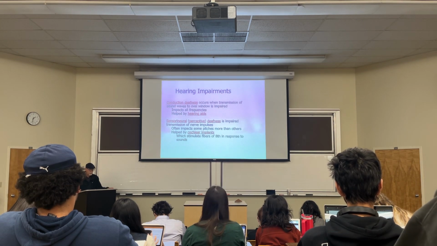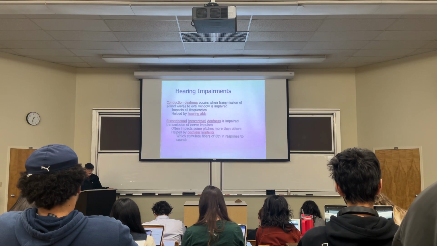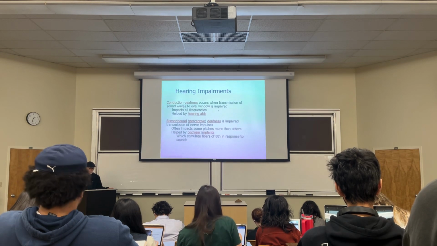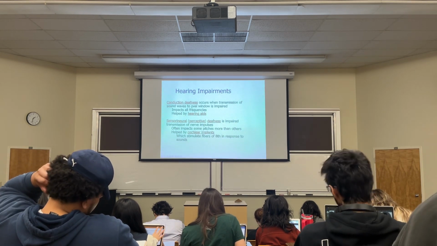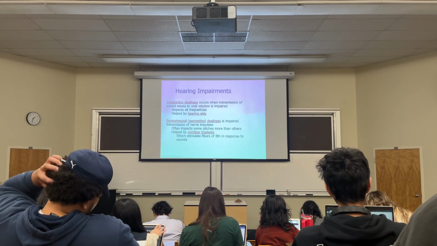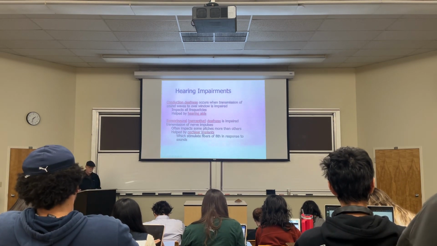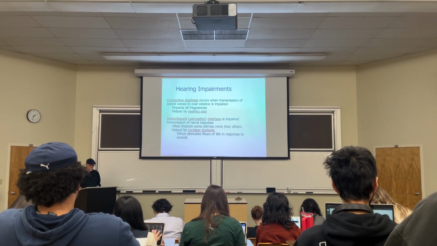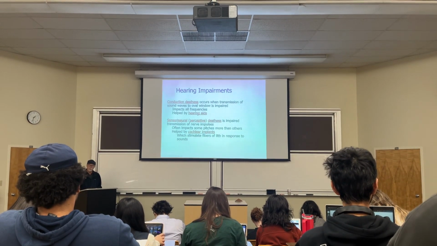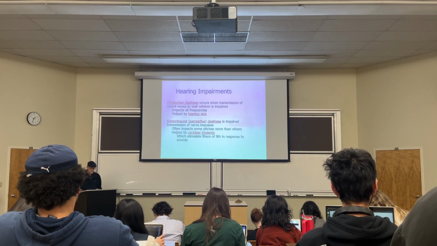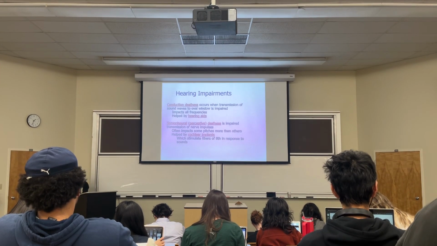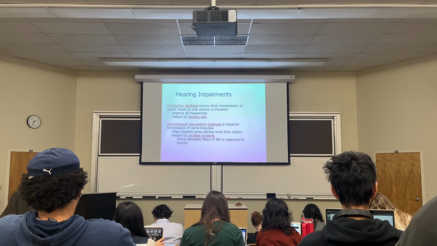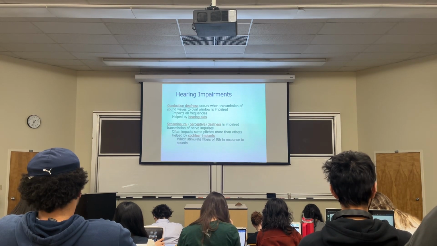And this is a wearing out of the transmission mechanism, often to the oval window, the tympanic membrane, the ossicles, that kind of thing. It impacts all frequencies, but it is helped by hearing aids. If you increase the amplification, hearing aids can be helpful with this.